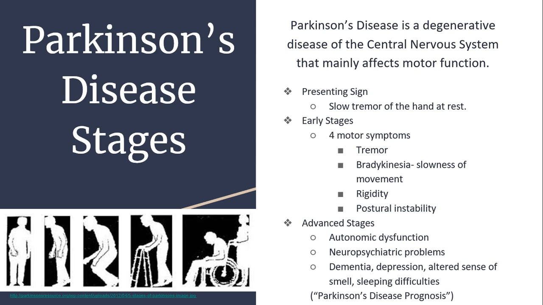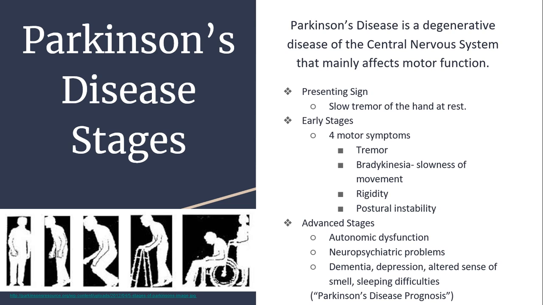So like we said before, our patient's cause of death is listed as Parkinson's disease on her death certificate. Parkinson's disease is not really a cause of death, but it's a degenerative disease of the central nervous system that affects motor function. This has to do with the fact that the neurons in the substantia nigra that Alyssa was talking about release dopamine, which plays an important role in motor function.